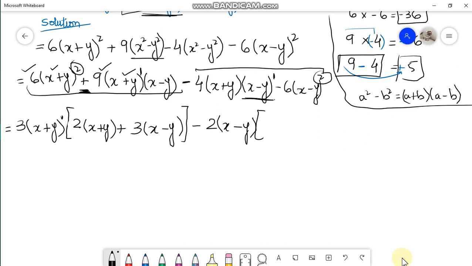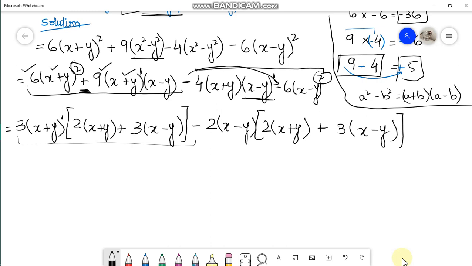After taking common, I will write the remaining terms in the large bracket or curly bracket, it's up to you. 2 twos are 4, (x plus y) is remaining, (x minus y) is common, minus minus plus, and 2 threes are 6, and (x minus y) one bracket is remaining. You can see the large bracket in both the terms is common, so I will take the large bracket as common.